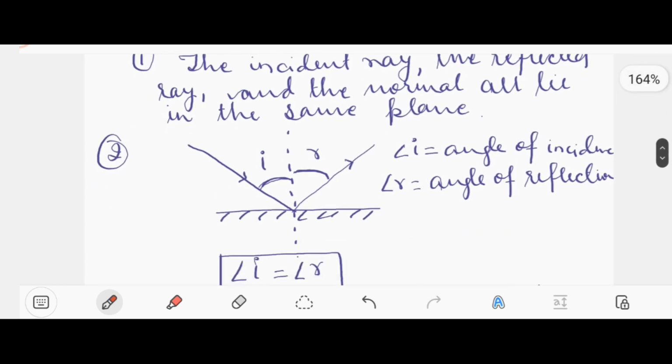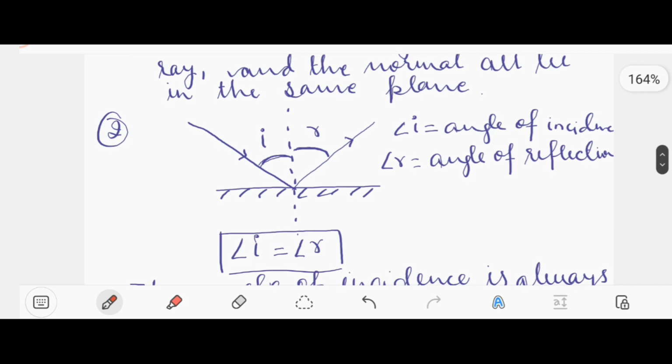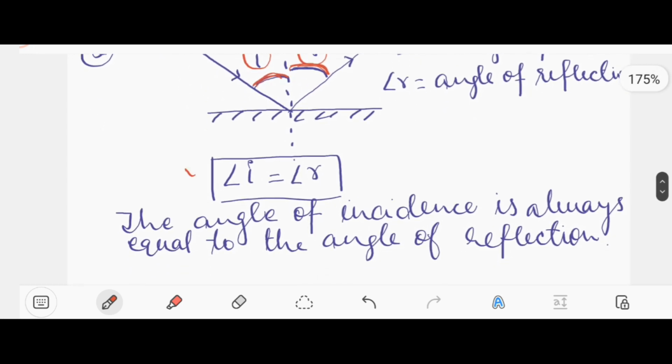And the second law says, with the same figure, that the angle formed between the incident ray and the normal is known as the angle of incidence, and the angle formed between the reflected ray and the normal is called the angle of reflection. The angle of incidence is always equal to the angle of reflection. Whether the surface is a plain surface or a rough surface does not matter.